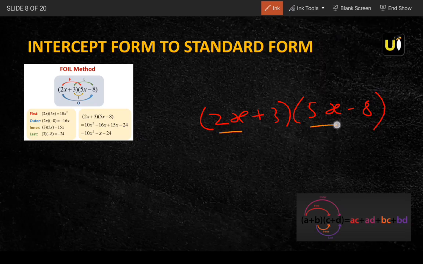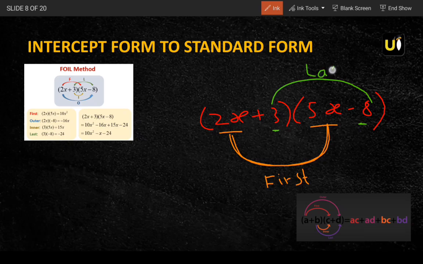So the last. And 3 and 5x, these are the inner ones, whereas 2x and minus 8 are the outer ones. So we will follow this FOIL method.